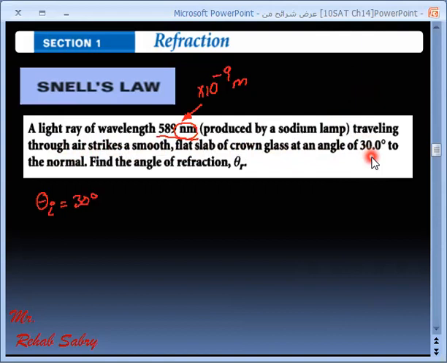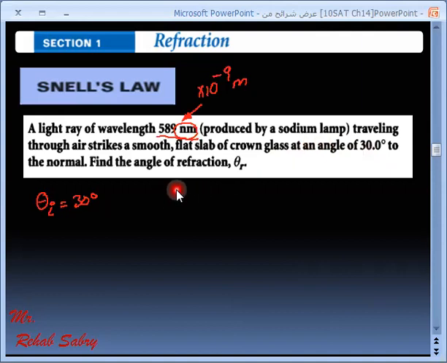What if this angle is to the boundary? Can we use it? No. We have to get the angle with the normal by subtracting from 90, and use it, because we don't use angles with boundaries or surfaces. We use the angles with normals.